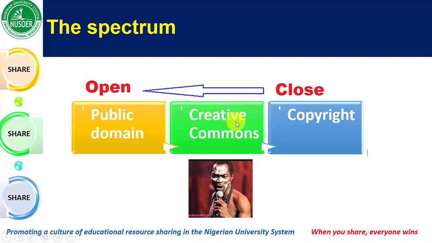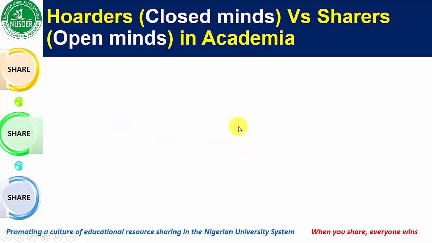And so we now have what we call the Creative Commons licenses, which we're going to be looking at in some detail shortly. Now, just talking about open and close, I see over time that we have two groups of people in academia with regard to sharing resources. We have the hoarders, who are called closed minds, and we have those who want to share, who are called open minds.